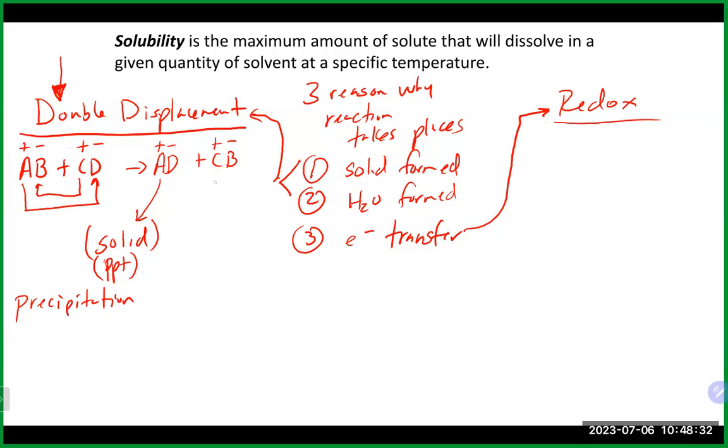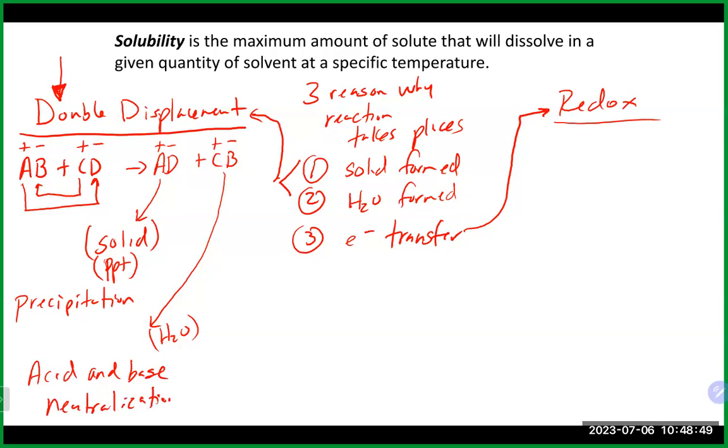Now, what could also happen is one of these guys may make water. And in that case, that usually involves an acid and base reaction. That's sometimes referred to as an acid-base neutralization reaction because basically it made water. So the precipitate being formed or water being formed happen in either a precipitation reaction or an acid-base reaction.